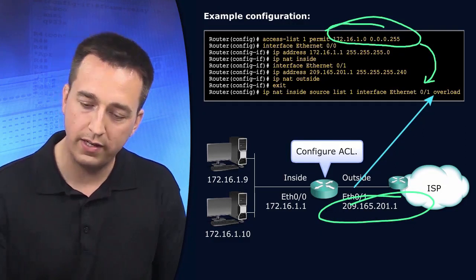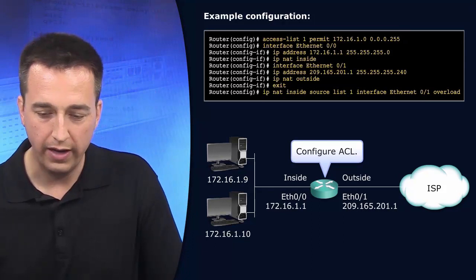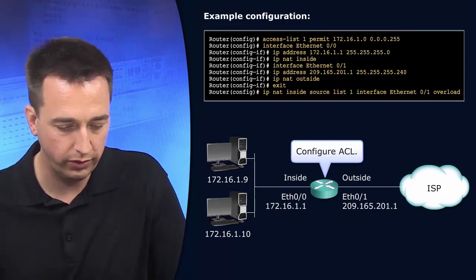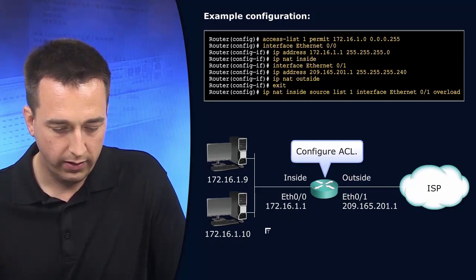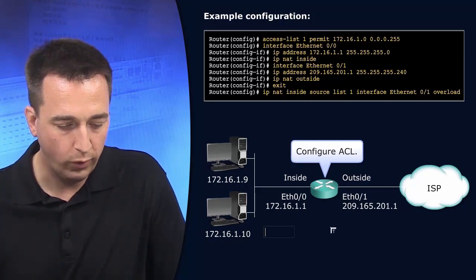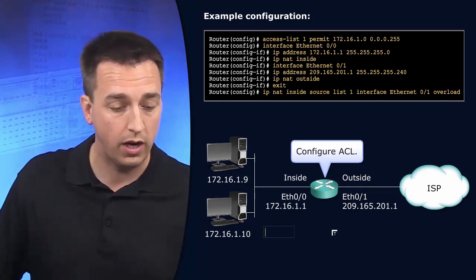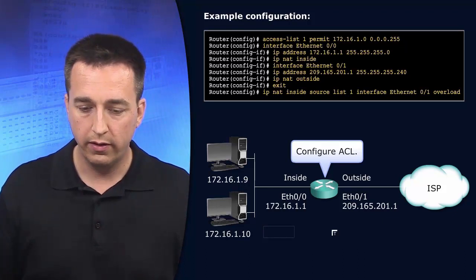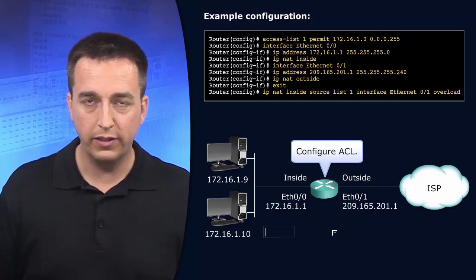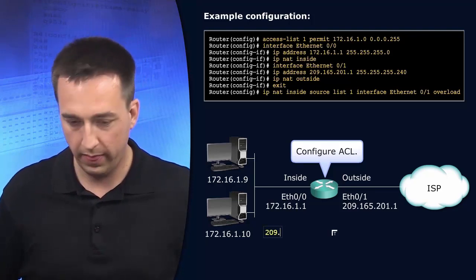So what would our NAT table look like in this example? Let's refer to a user in our network, 172.16.1.9, going to www.cisco.com as an example. Well, the inside global address is going to be the IP address of who?